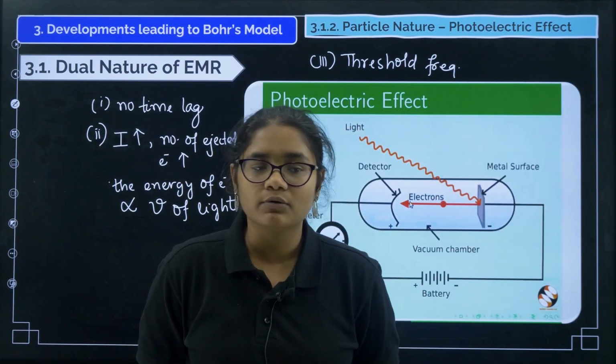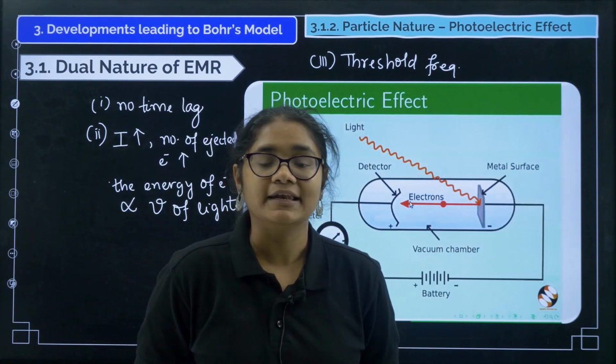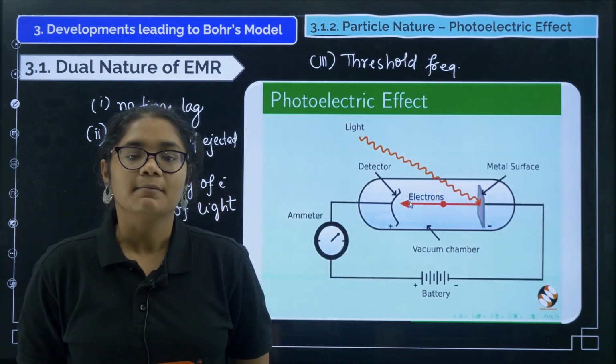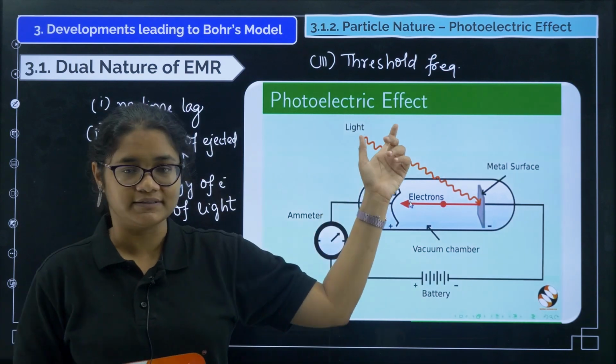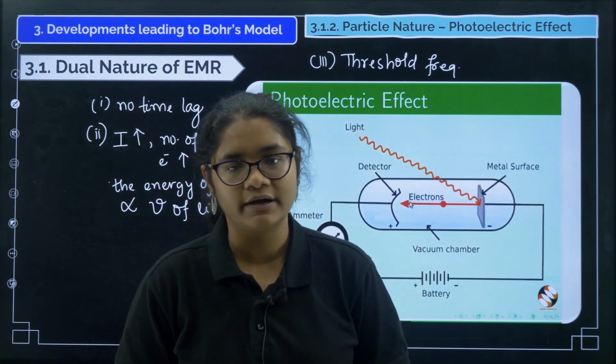You can give radiation of any intensity, but if the frequency of that radiation is less than this threshold frequency, then no electrons will be ejected out.